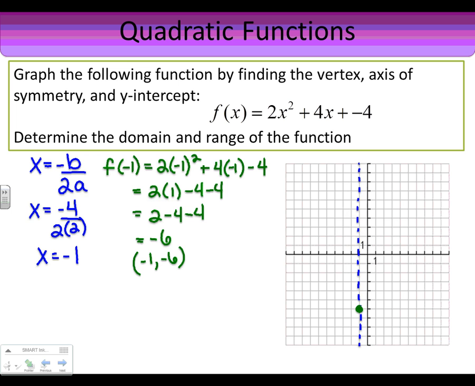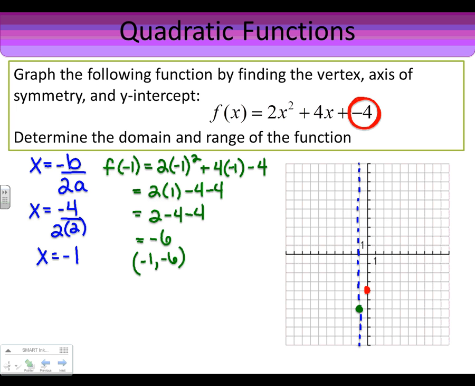All right, once we have that crucial center of the parabola, we need to find a couple of other points. The easiest point to find is the y-intercept, because when it's in standard form, our y-intercept is just the c value. So negative 4. 0, negative 4 is our y-intercept.